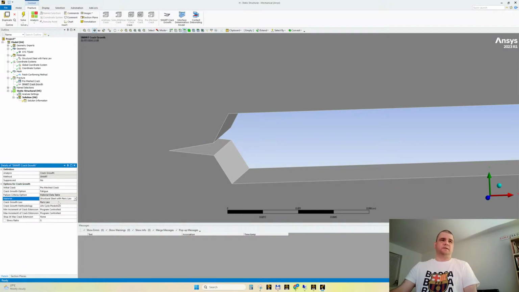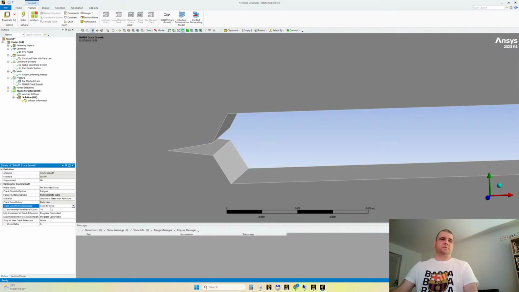We do have the material defined. And let's see if it goes with life cycle prediction. I couldn't do it with life cycle prediction, but there is also this option, cycle by cycle, and the default is 10. Let's leave this default. If it doesn't work, we will do it with cycle by cycle.